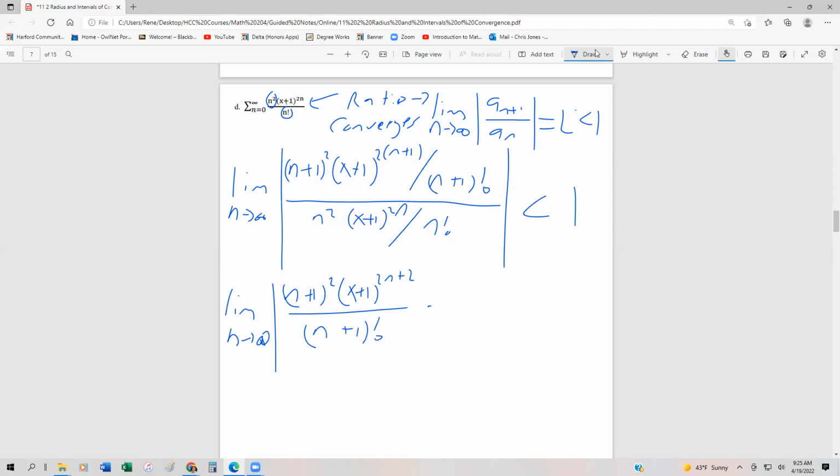And now we're going to multiply by the reciprocal of the denominator, which is n factorial divided by (x plus 1) to the 2n and then n squared. And that has to be less than 1.